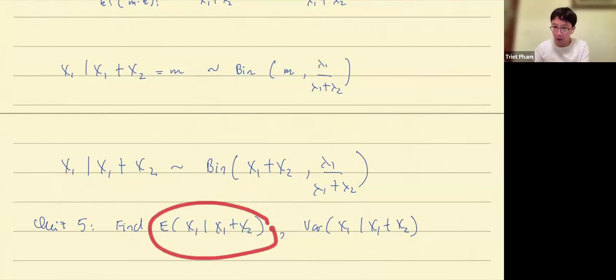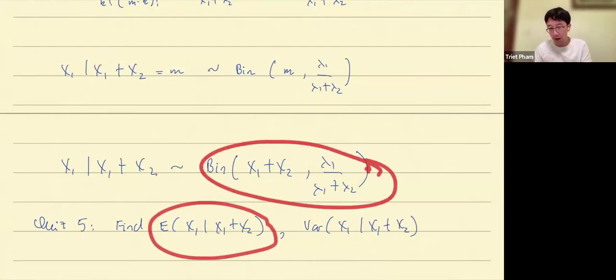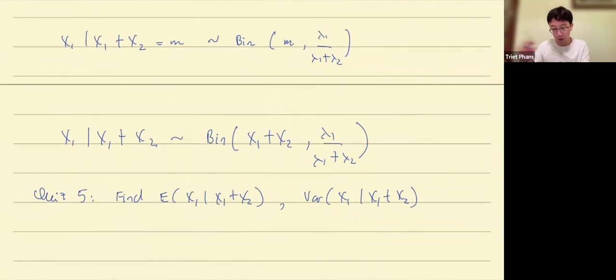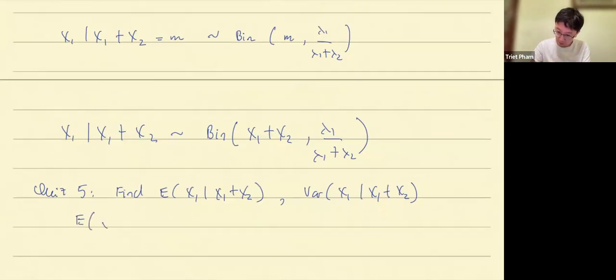Okay, so this step should be quick. The reason is, you have identified what the distribution is, and then you just work on your knowledge of the random variables. So what's the conditional expectation? Well, the answer is binomial, n, p, so the expectation is n times p.